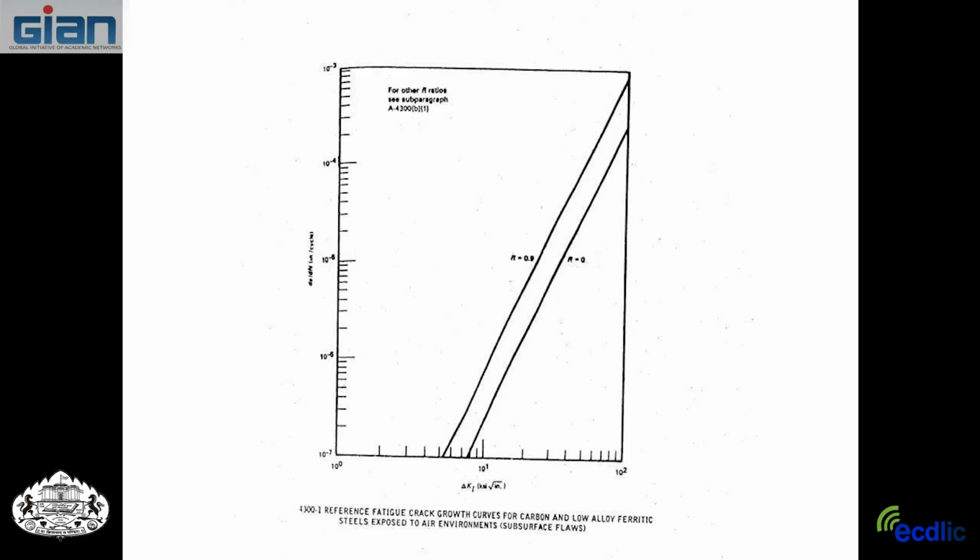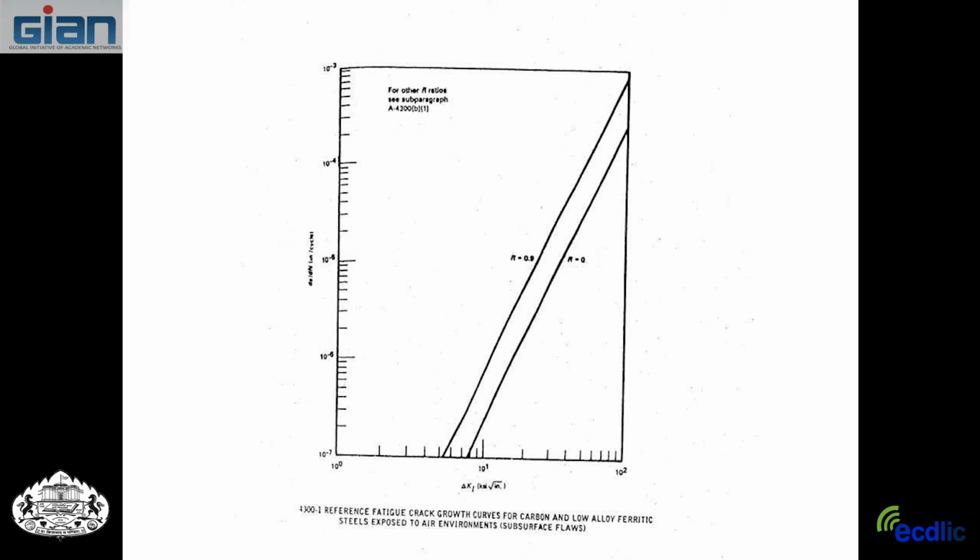So here is data, low R ratio, high R ratio, da/dN, delta K. You can't read these very well, but this is da/dN, that's delta K. You can see the trend lines. Unfortunately, I don't have them on top of each other, but this is what the data looks like, low R ratio, high R ratio in the bad environment.